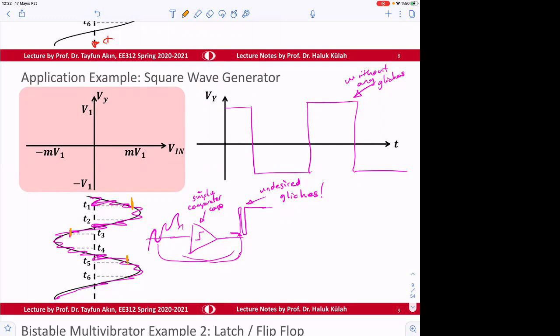Okay, so therefore the clock is nicely made immune to any glitches here. Okay, so T5, T3, and T1. So that's just one application, and there are other applications of this circuit.